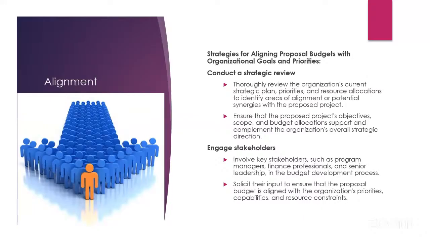Also, you have to ensure that the proposed project objectives, scope, and the budget allocations support or complement the organization's overall strategic direction. So we are saying with the grand budget that we are writing, it should fit into the scope and the budget of the organization that already exists. More to that, as a way of strategy to align, there is need for stakeholder engagement.